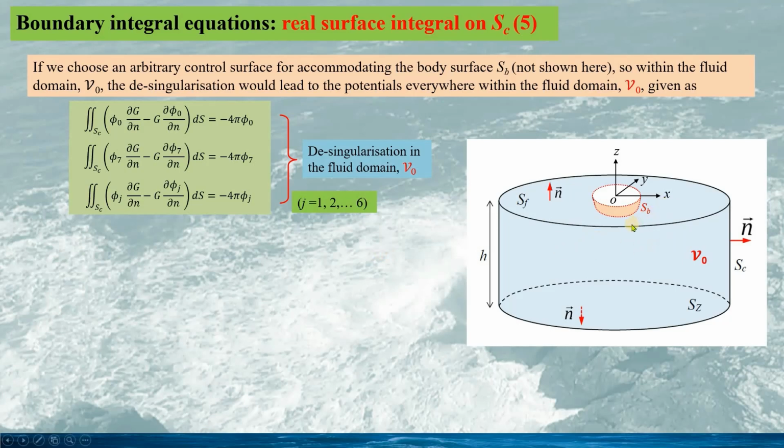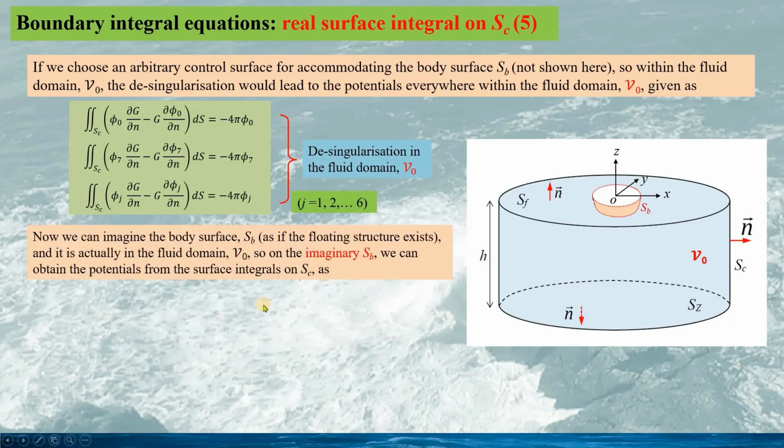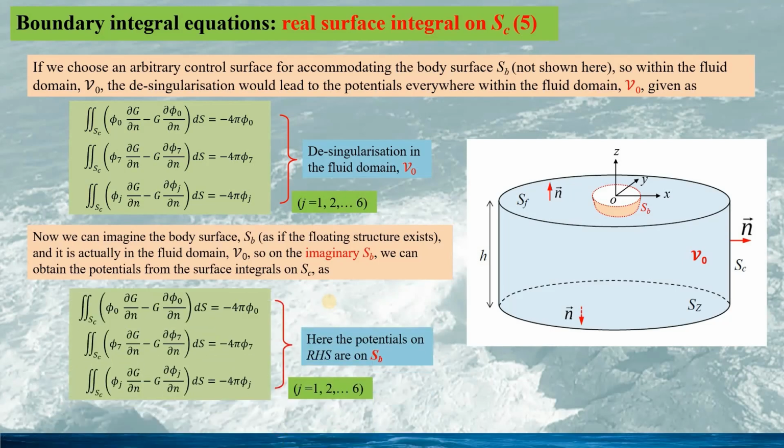Now we can imagine the body surface SB, but it is non-existent in here, thus in a dashed line. Since the imaginary body surface SB is in the fluid domain V0, we can obtain the values on SB from the surface integral on SC given as these expressions.